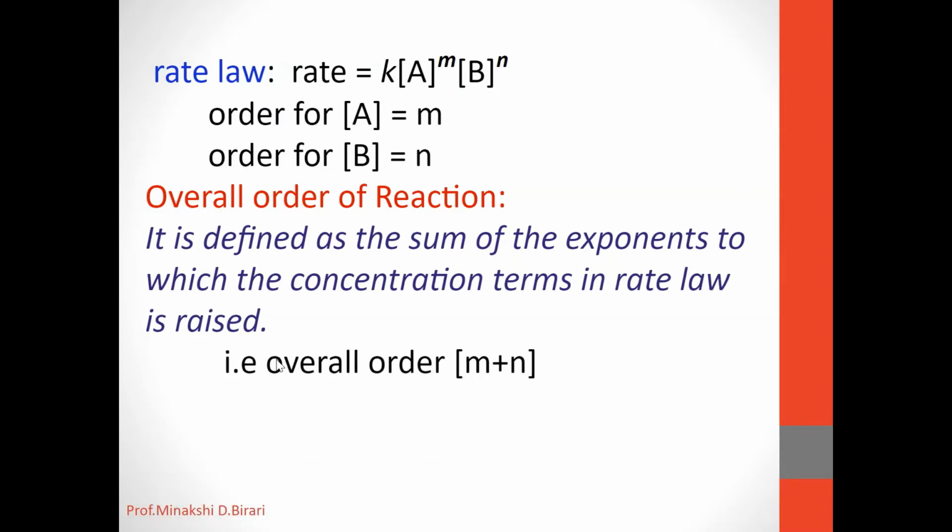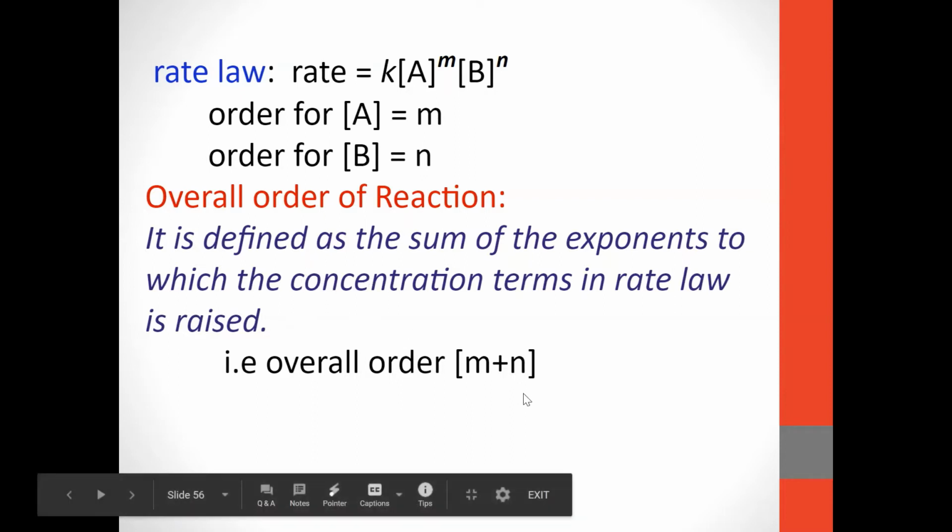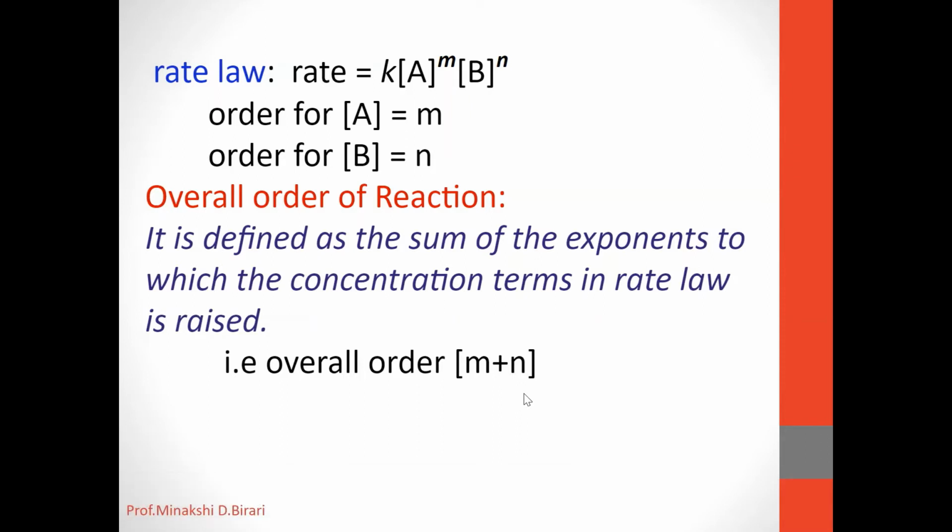That is, the overall order for this will be m plus n, where the concentration of reactant A is raised to m and the concentration of reactant B is raised to n. So what is the order for this reaction? That is nothing but m plus n.